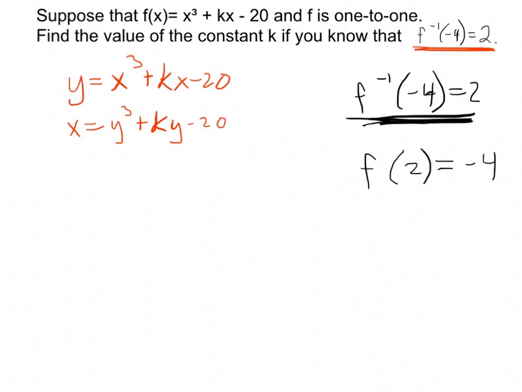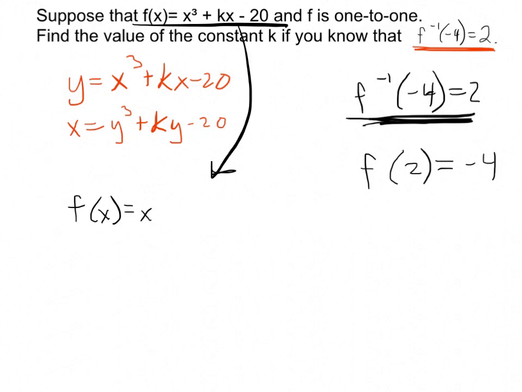So what it means is that I can take my original function here and say, okay, f of x is x cubed plus kx minus 20. And now when I plug 2 into this, 2 cubed plus k times 2 minus 20, it should be equal to -4.